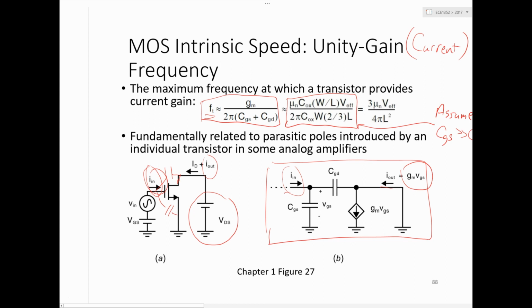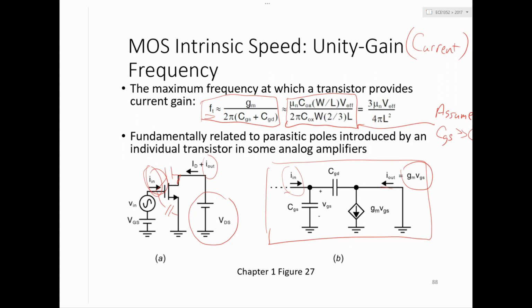Not a great assumption. It's not necessarily way bigger than CGD, but anyway, it captures the important behavior, because if CGS gets bigger, CGD is also going to get bigger, so you get the proportionality right. And we need this expression over here to allow us to get the design insight out of it.